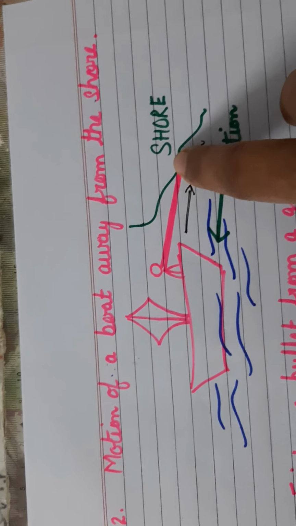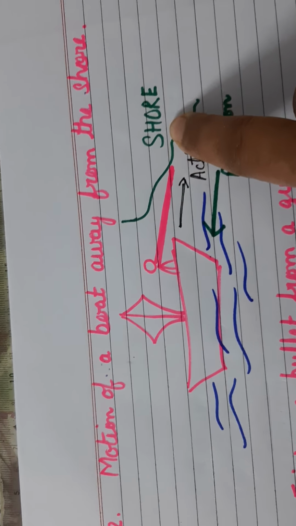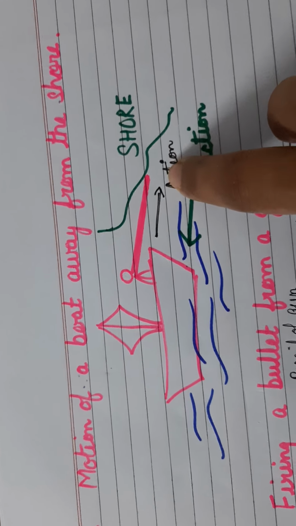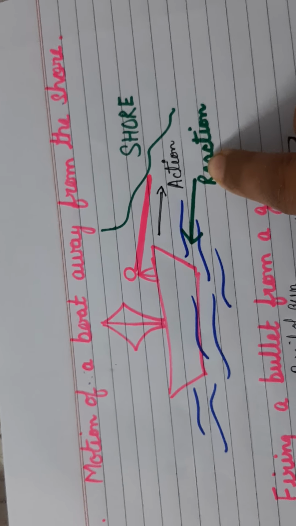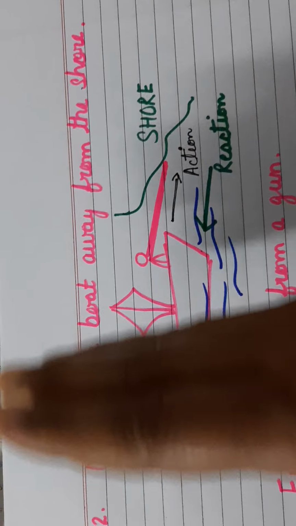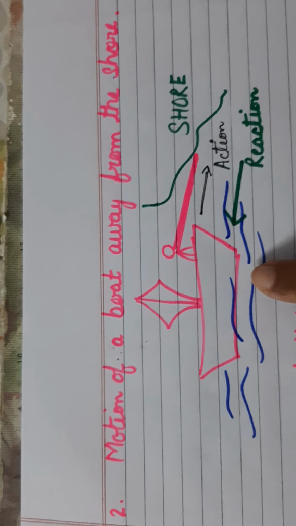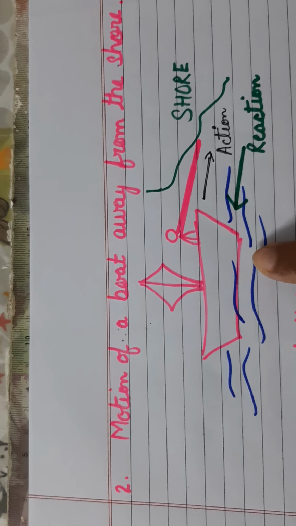Now when he pushes on the shore, that is the action force which is exerted on the shore. And as a result of the action force, there is an equal and opposite reaction force exerted by the shore on the boat, due to which the boat will be propelled in the forward direction and the boat will move away from the shore. So this is another example of action reaction forces.